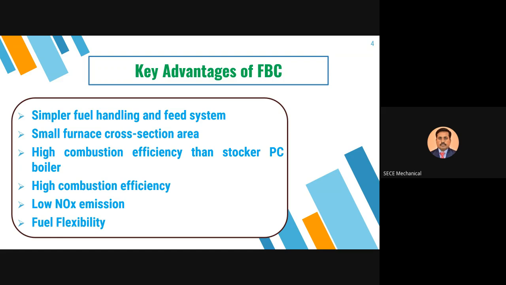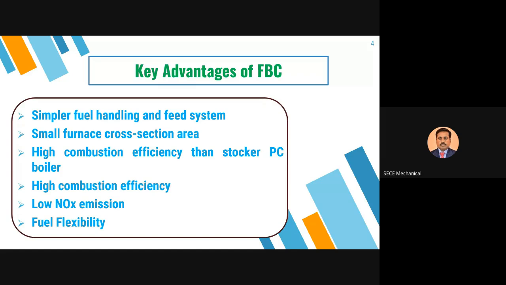So only a limited amount of coal will be passed to the furnace area along with air, so it is completely ignitable. Then a smaller area is sufficient for producing the uniform temperature. That's why we provide a small furnace cross-sectional area in FBC. That is the second key advantage of FBC.